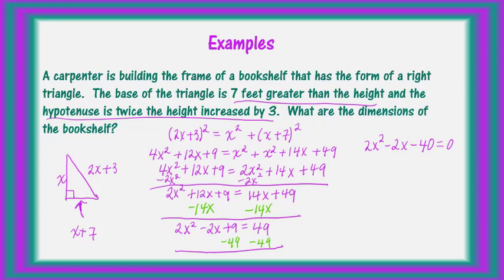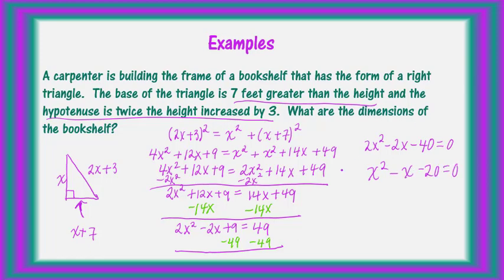So I could immediately apply the quadratic formula, but instead of doing that, you should see that each of the terms are divisible by 2. So I'm going to divide each term by 2 to give me x squared minus x minus 20 equals 0.